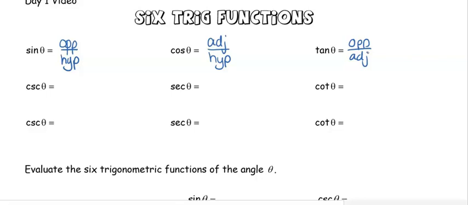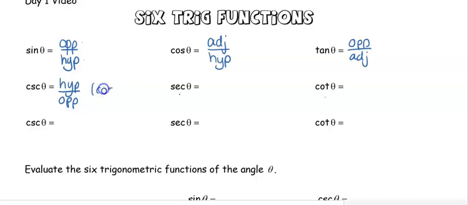Our new content, our new trig functions, because we said we had 6 and that's only 3 of them. We have cosecant, secant, and cotangent. Your cosecant is the reciprocal of sine. So if sine is opposite over hypotenuse, the cosecant is the hypotenuse over the opposite.